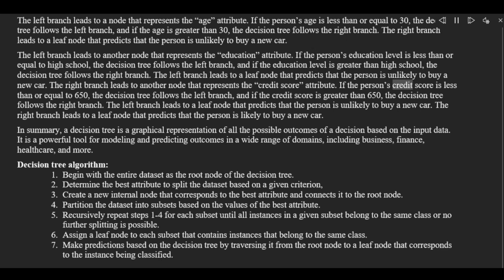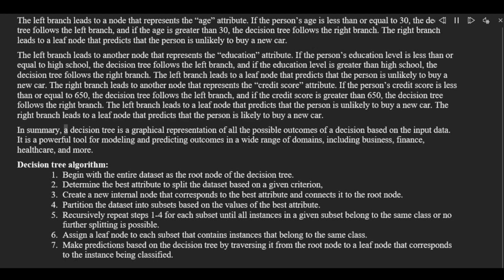If the person's credit score is less than or equal to 650, the decision tree follows the left branch, and if the credit score is greater than 650, the decision tree follows the right branch. The left branch leads to a leaf node that predicts that the person is unlikely to buy a new car. The right branch leads to a leaf node that predicts that the person is likely to buy a new car.